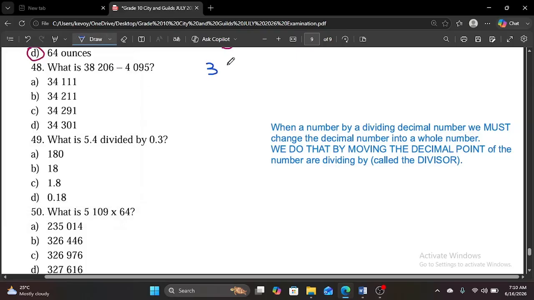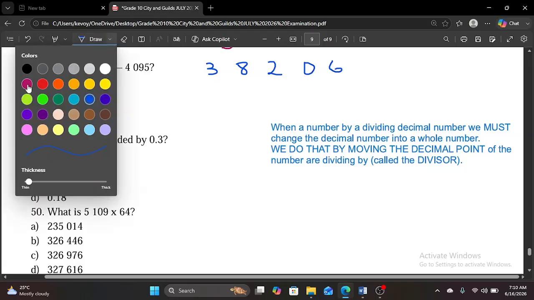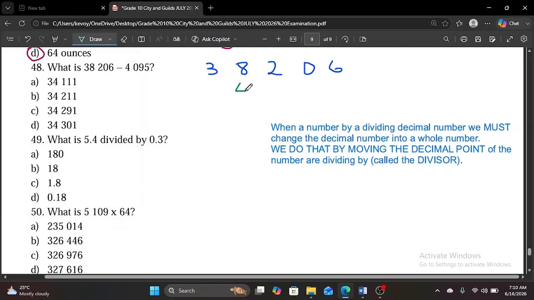So 3, 8, 2, 0, 6, and we have 4,000, 0, 9, 5, and we're going to subtract that.